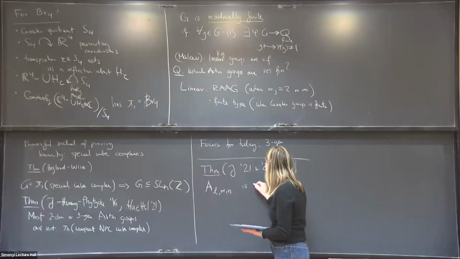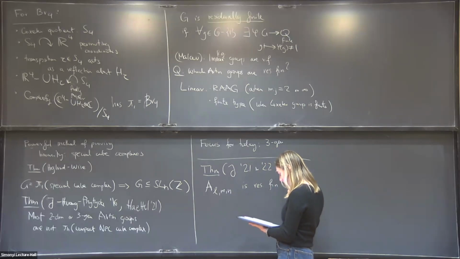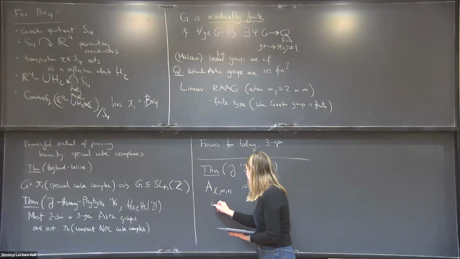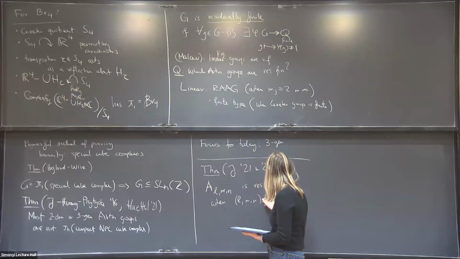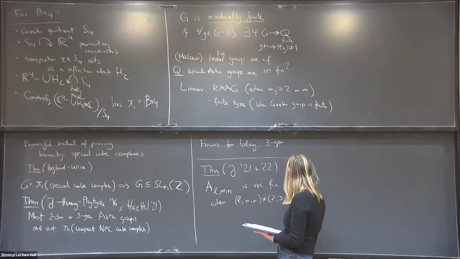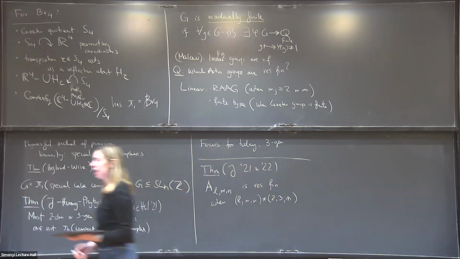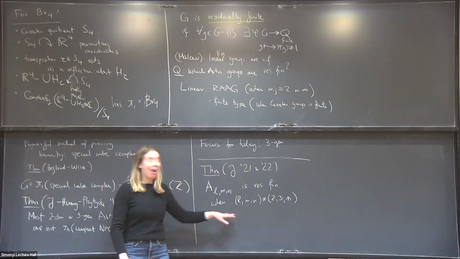I was able to show that this is residually finite when those numbers are any numbers other than possibly 2, 3, and some number. I don't claim that it's not residually finite in this case. I just couldn't do this case.